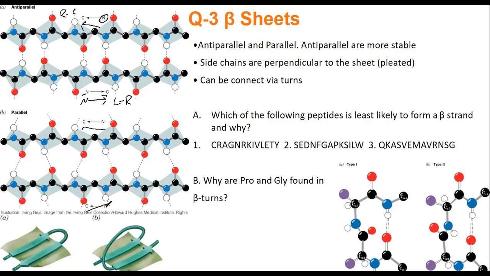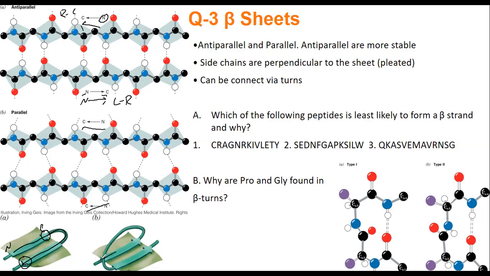The way that beta sheets work is shown down here. When looking at beta sheets, the arrowhead is telling you where the C terminus is, and the flat part of the arrow is the N terminus. Whenever you look at beta sheets in images, they're mostly going to be presented with arrows. Now, in anti-parallel, you usually have a simple loop to connect your strands, and you can see my arrowheads are going in different directions, so that's anti-parallel.